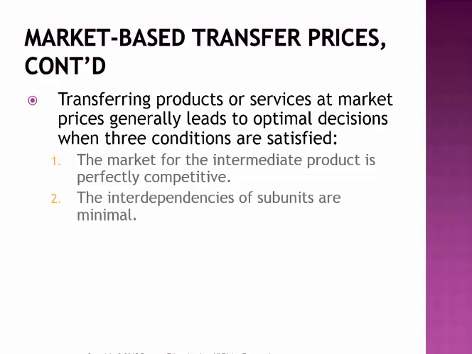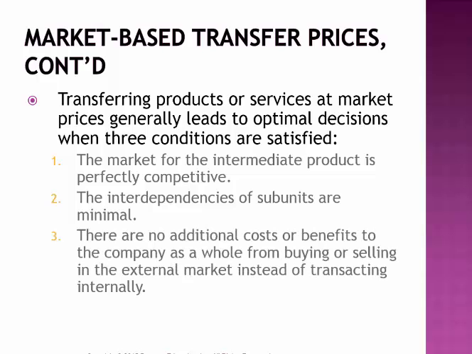The interdependencies of subunits are minimal because, again, if it is bought and sold on the open market, we can buy it from other parties, our competitors, and we can also sell it to other parties, our competitors. So the interdependencies of the subunits are minimal, if not non-existent.